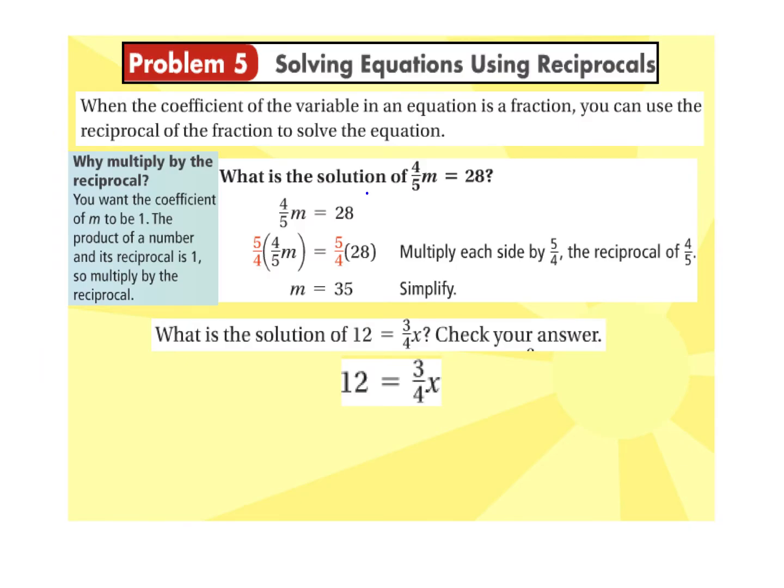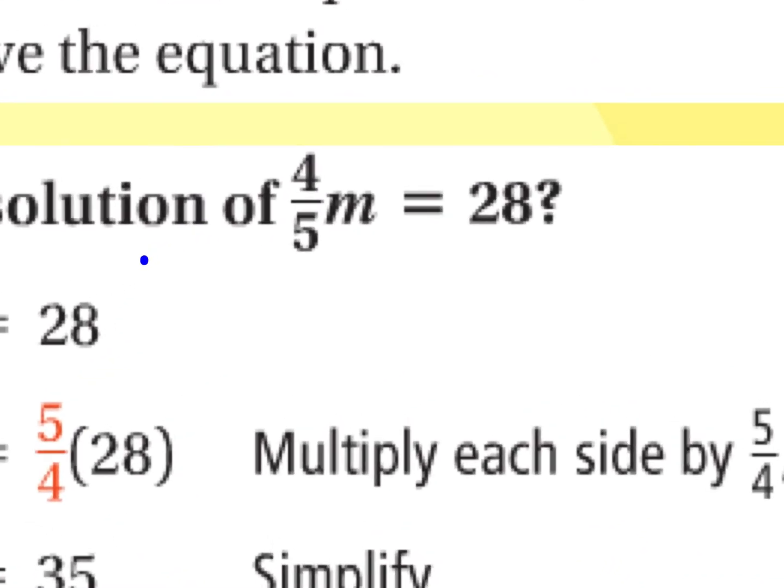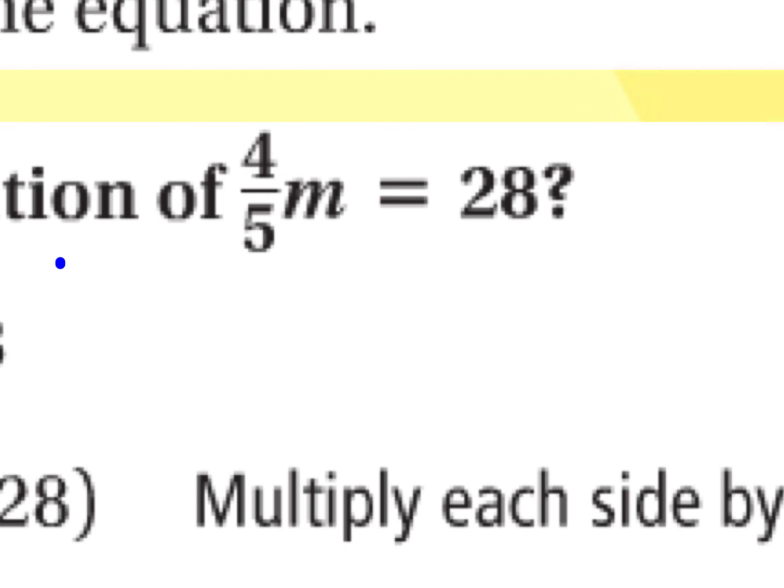All right, guys, last problem. We are going to solve an equation with reciprocals, or you know what I like to say, refliprocals. So let's take a look. It says, what is the solution of 4/5 m equals 28? Now, we're trying to get this m alone, and I know that what's in front of it, or the coefficient, is 4 over 5.